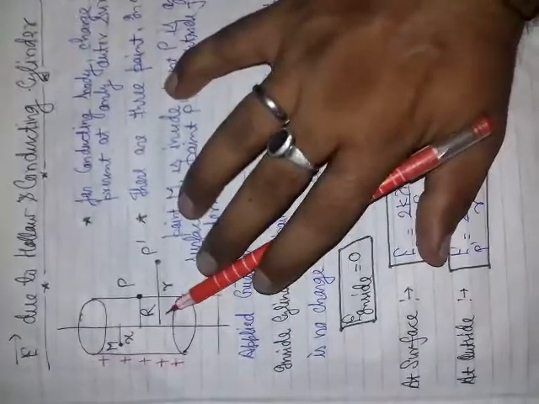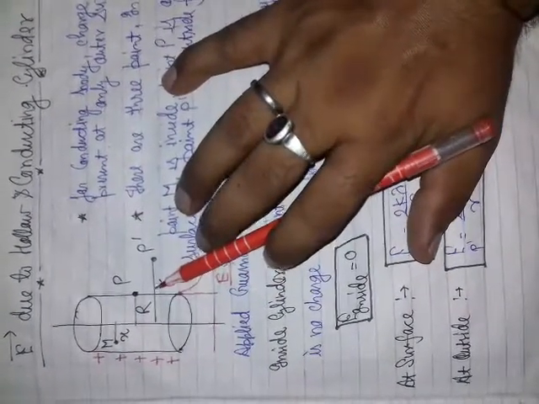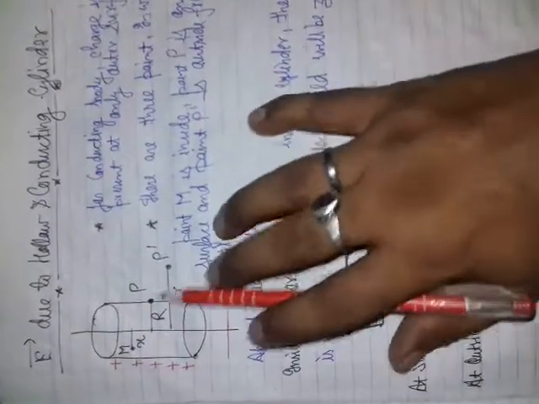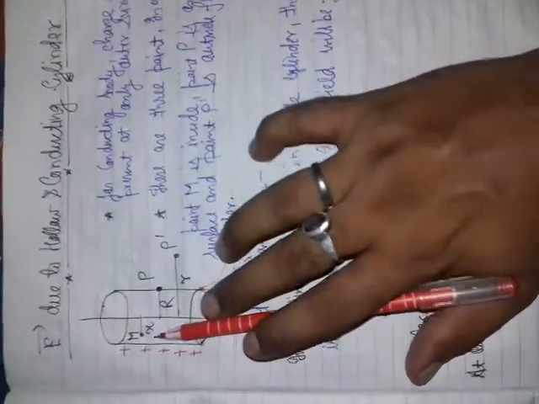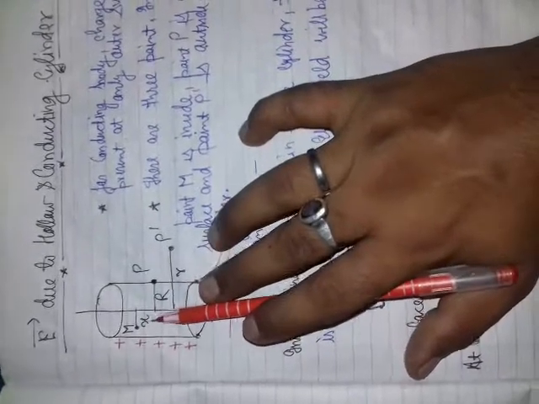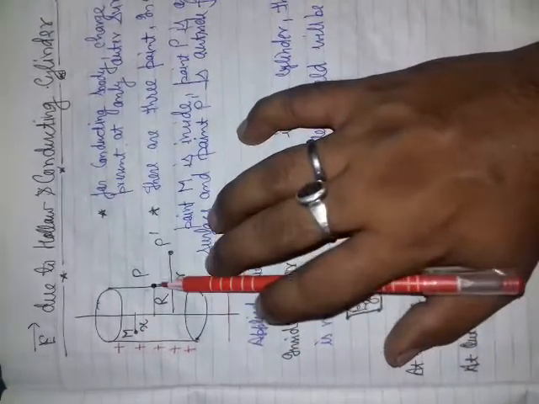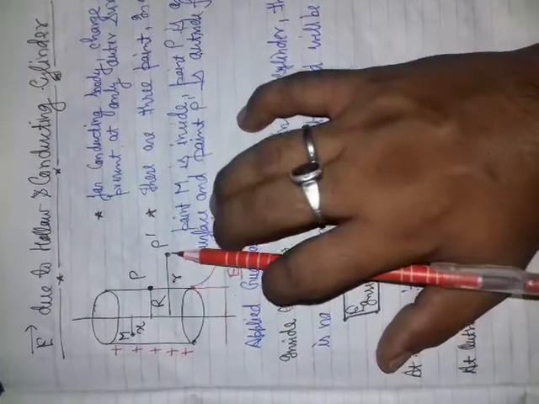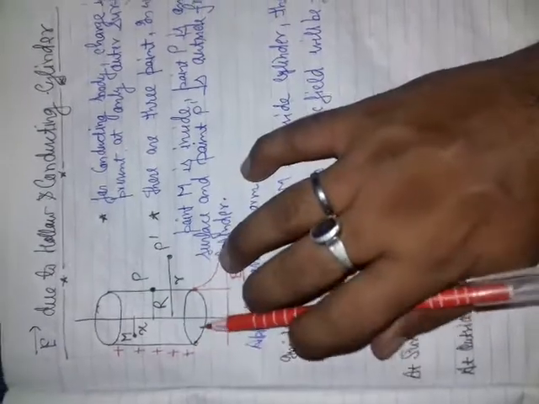Here is the cylinder and its axis, and we have noticed three points: a point M that is inside the cylinder, a point P on the surface of the cylinder, and a point P dash which is outside the cylinder.